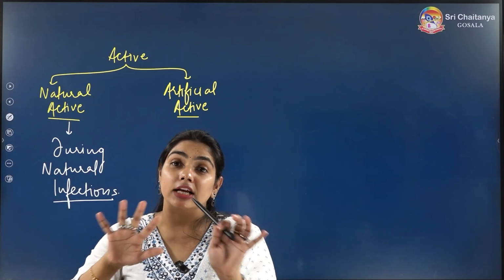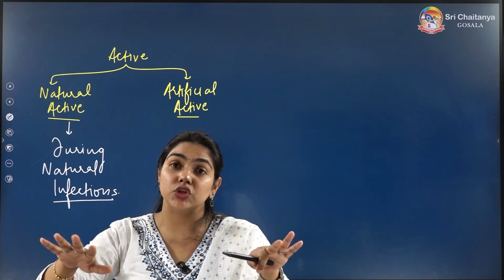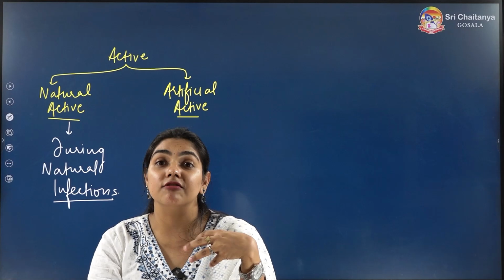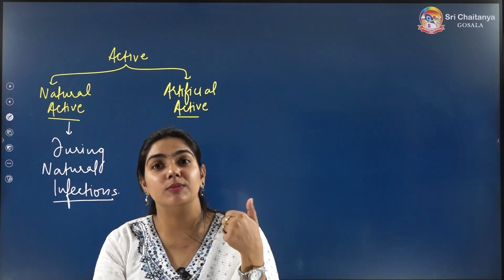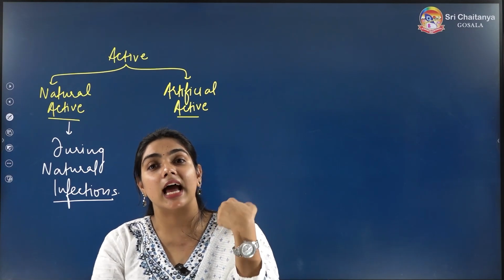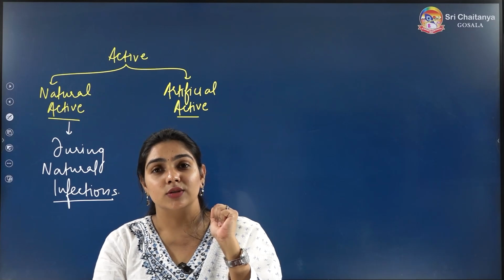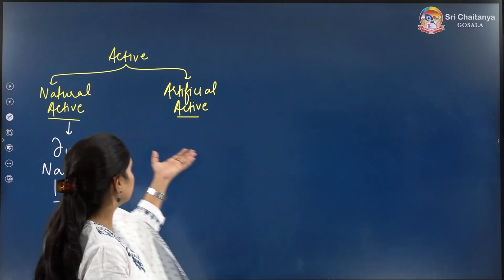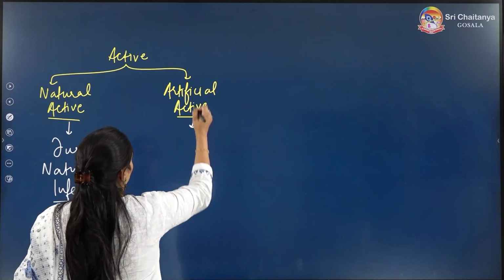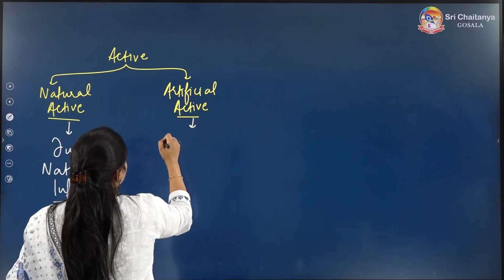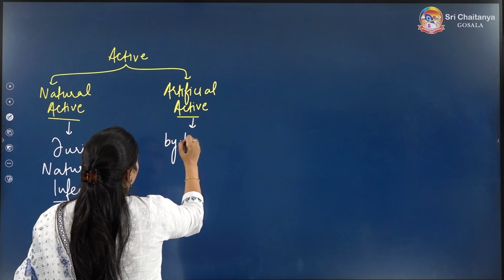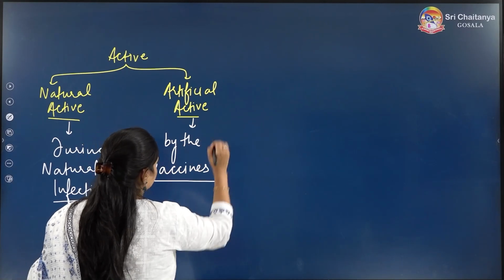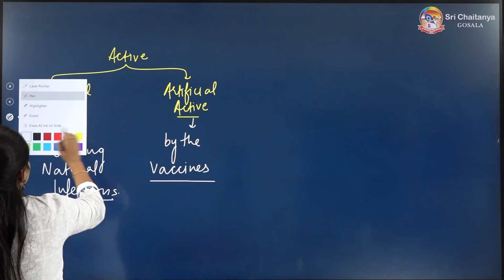And when naturally the same pathogen comes to your body, you will give a secondary response and you will be saved, because the secondary response is a highly intensified response. So it is ensuring that the pathogen will be destroyed. Isn't it interesting? So artificial active immunity is coming by the vaccines.